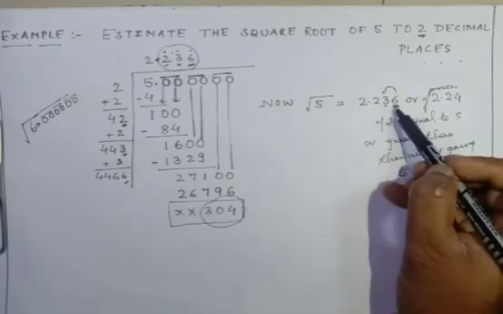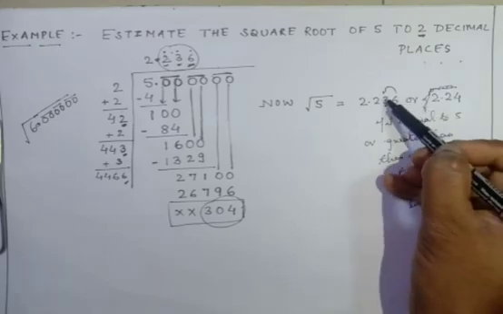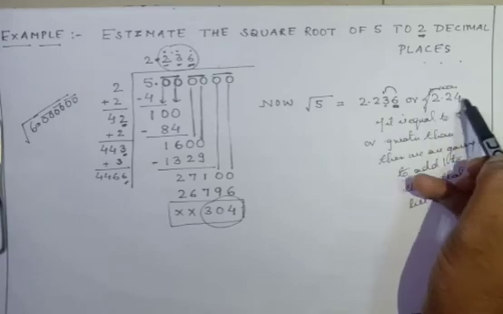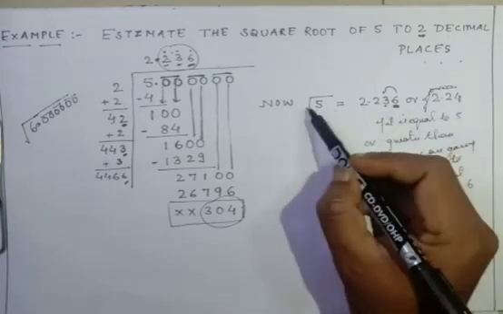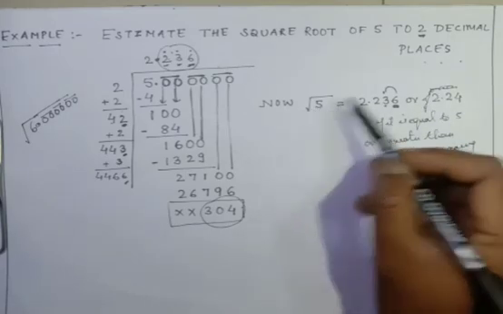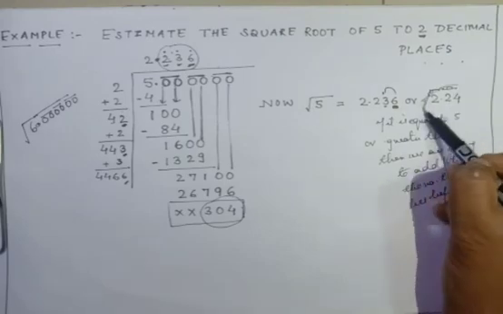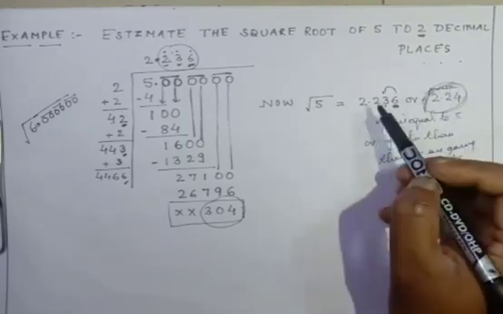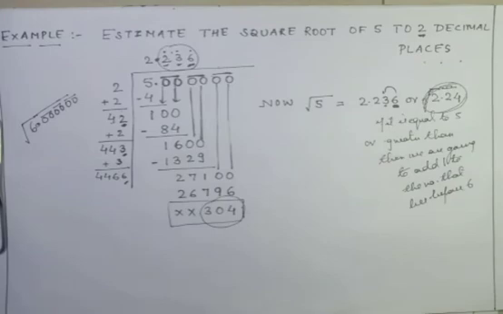So you can see 6 is greater than 5. So what I will do, I am going to add one to the number over here. So it will become 2.24. Therefore the square root of 5 is 2.24. I hope this method is clear to everyone.